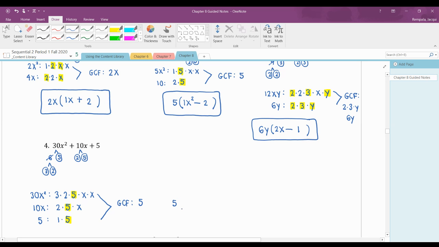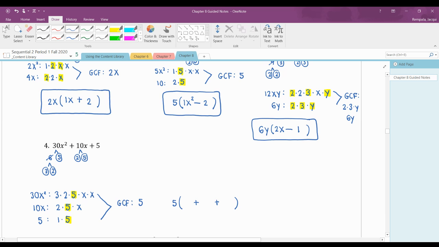So if 5 is my GCF, I need to go back and put whatever's left over in parentheses. Now, because there were 3 terms to begin with in this problem, I need to keep 2 addition signs. So then I can keep that trinomial in the parentheses. If I go back to the top row, there was a 2, a 3, an x, and an x.